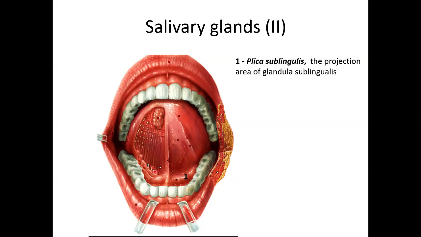So glandula sublingualis is located in the plica sublingualis. So the mucus which covers glandula sublingualis forms plica sublingualis.